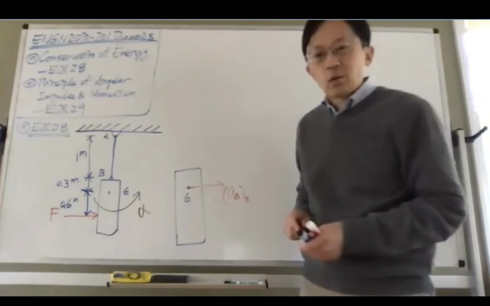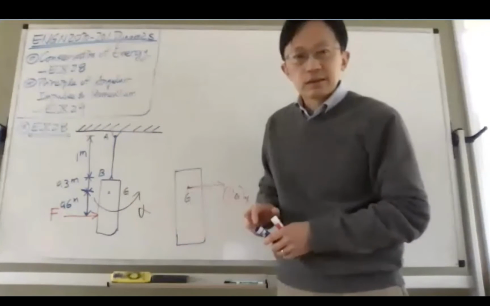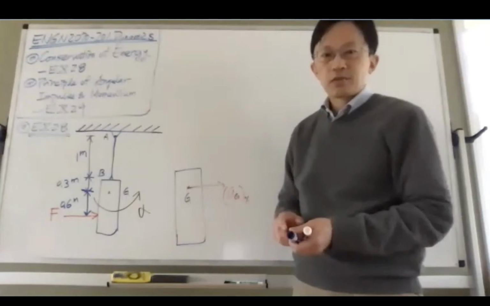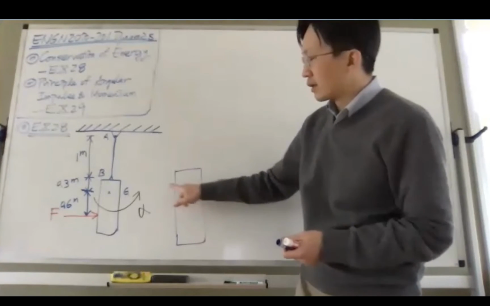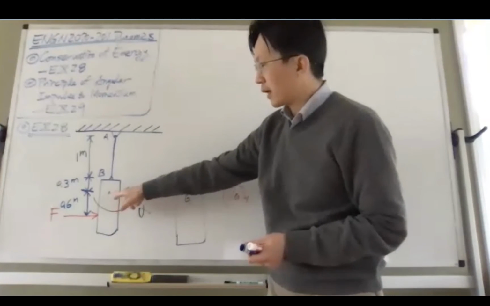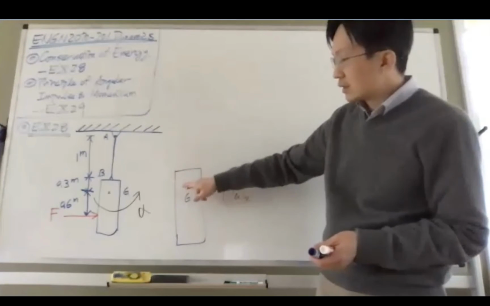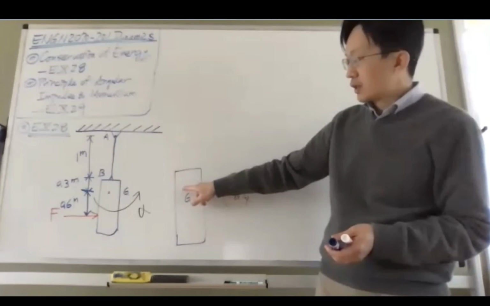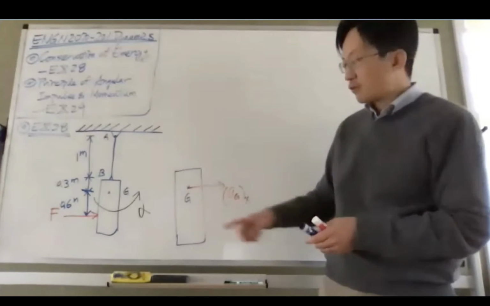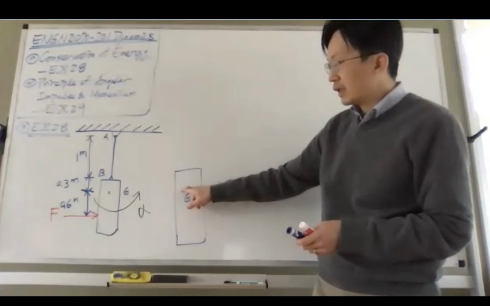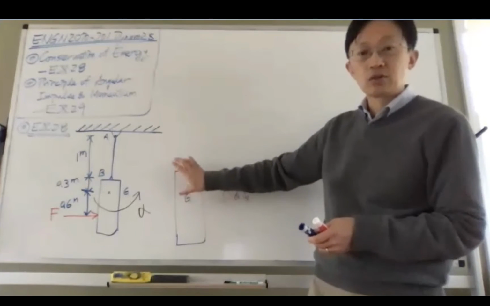To answer that question, we need to understand the conditions that we define for the problem. If we allowed the center of gravity of the punch bag to move downward, that means we allowed a vertical acceleration going down, so the punch bag would actually move downward.